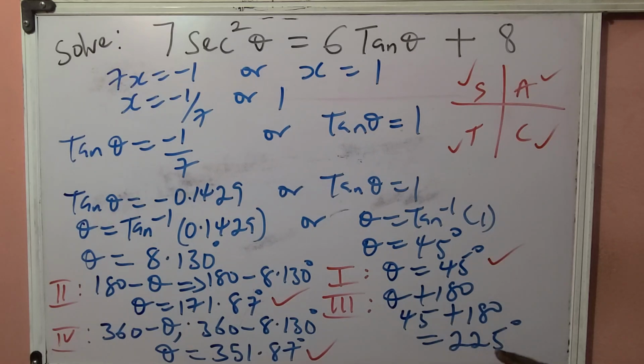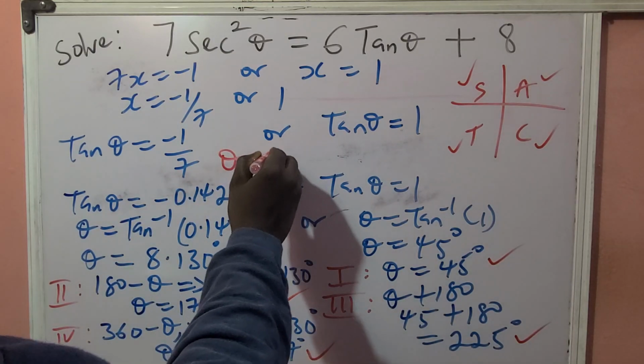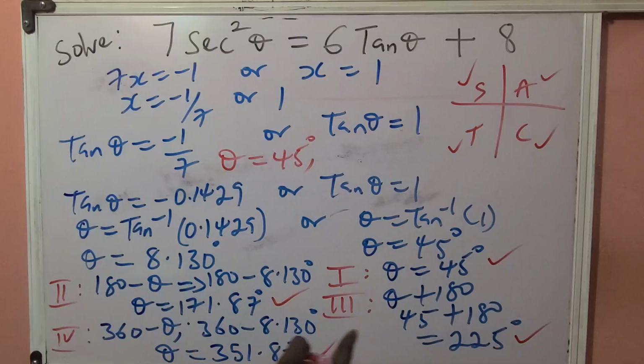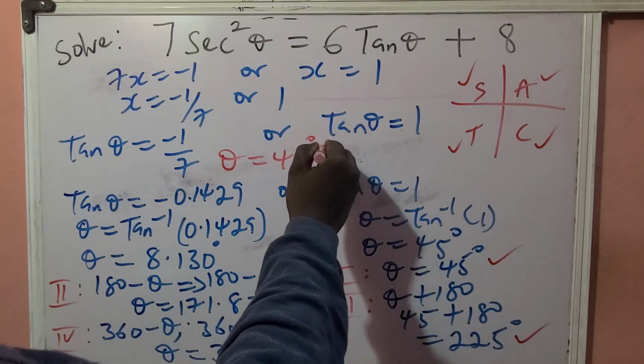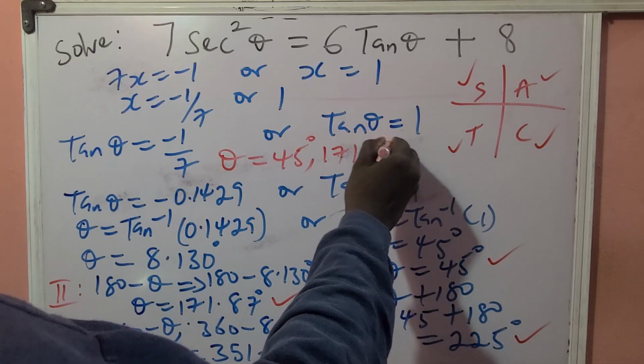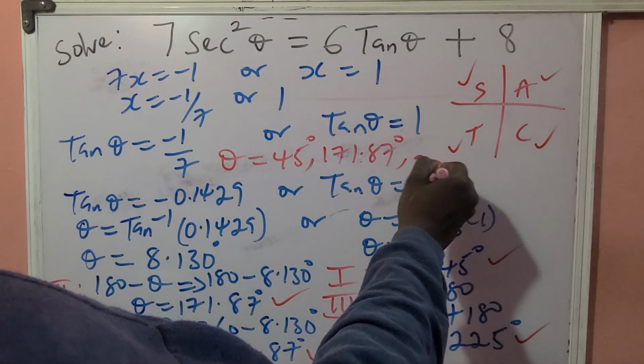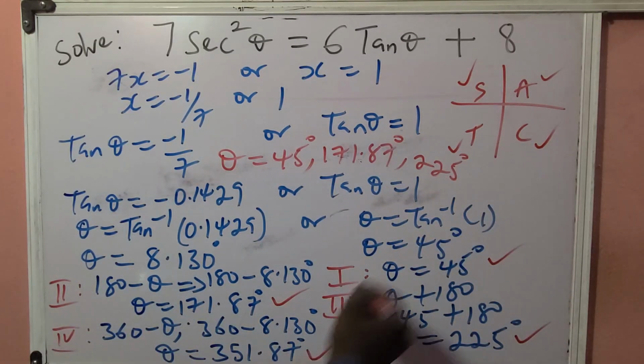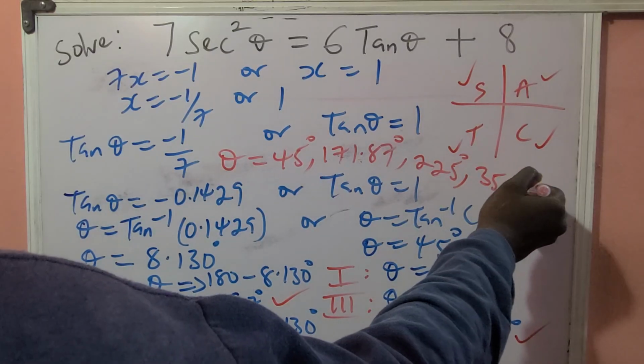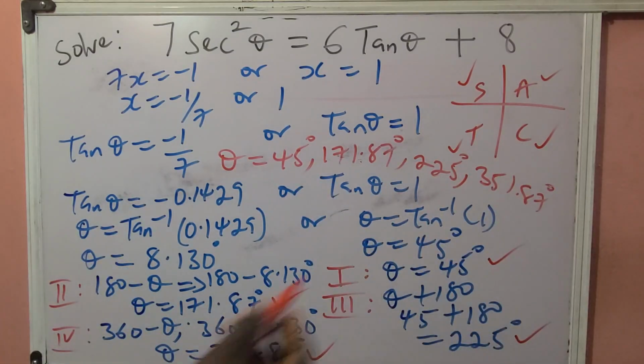And we also got theta to be 225. So we can conclude that our theta is equal to 45 degrees, 171.87 degrees, 225 degrees, and 351.87 degrees. Those are the four values for our theta.